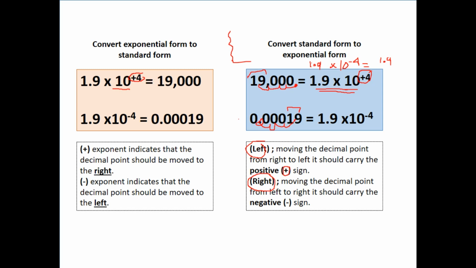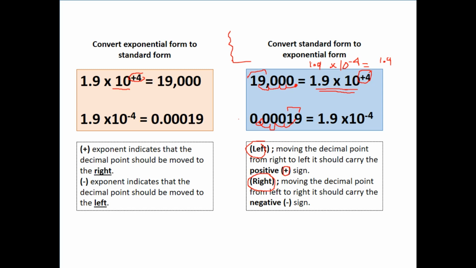So you are going to move to the right side, how many times depends on your exponent. If you see an exponent with a negative sign, it indicates that the decimal point should be moved to the left side, since its exponent is negative.